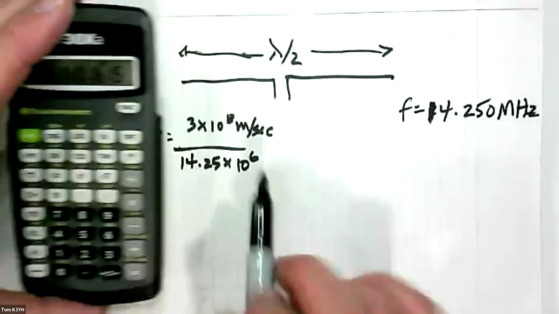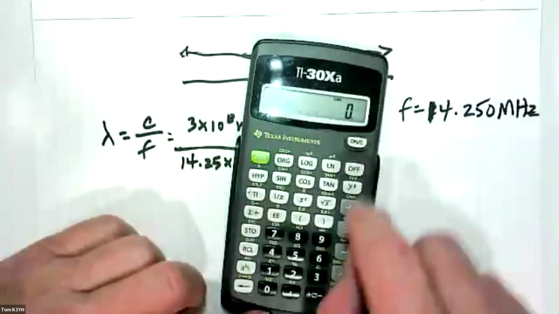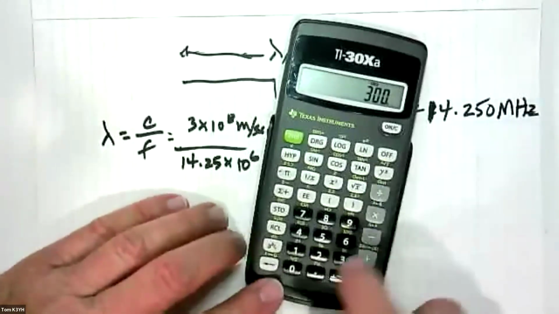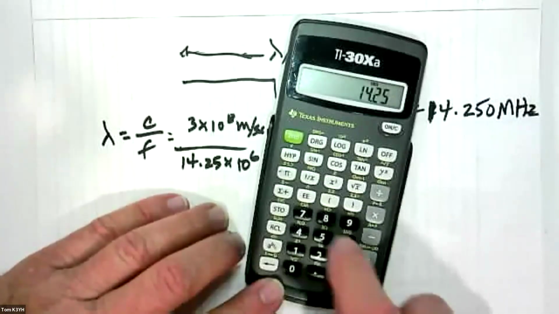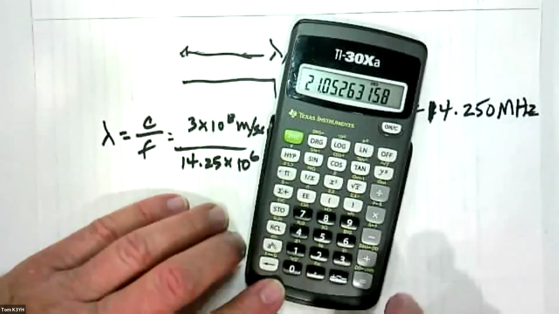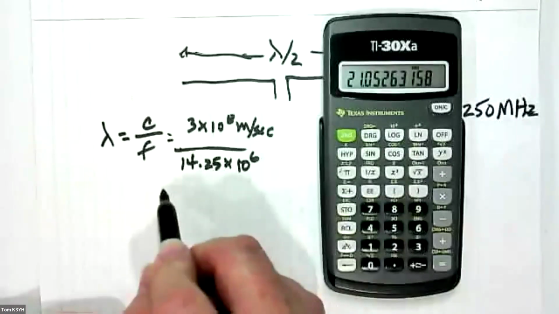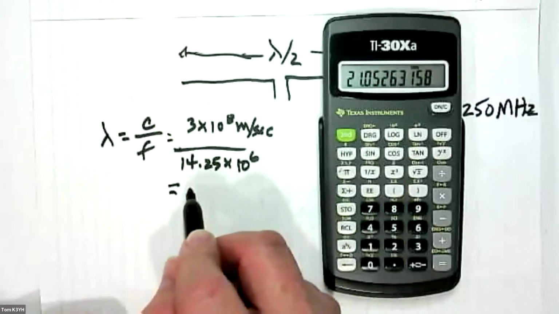And if we do that, I'm going to simplify it a little bit, and it's going to be 300 divided by 14.25, and that's going to be 21 meters. Okay, this formula is in meters.